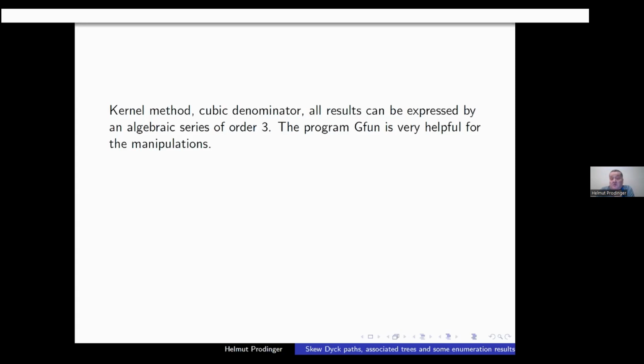You know that with a third order equation, you can express this solution explicitly, but this is completely useless. But fortunately, Gfun helps a lot with the symbolic manipulations, and one can divide out 2 factors and express the answer in this third solution, which has the combinatorial significance.